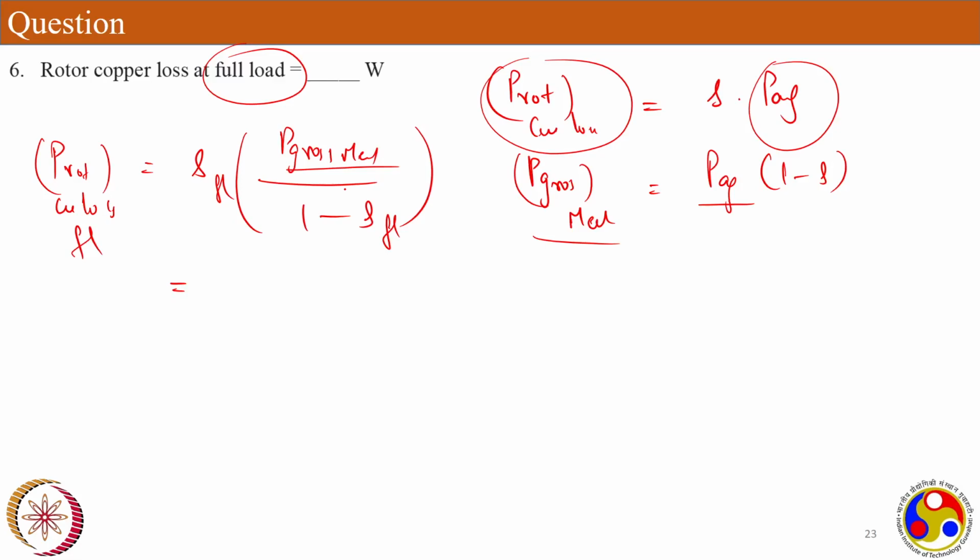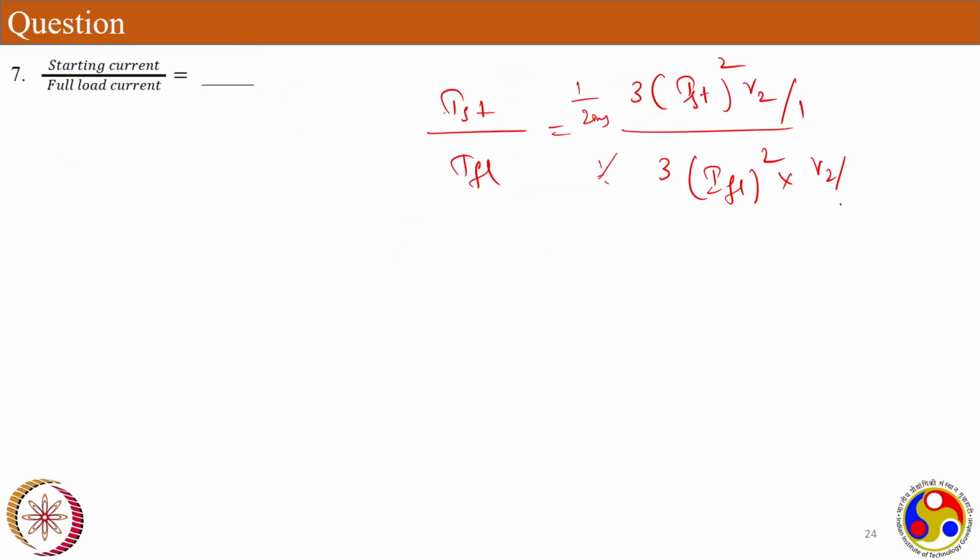Now starting torque divided by full load torque is 3 times I starting square divided by R2 dash by S, which is 1 in the starting, and there will be a 2 pi ns also, which will cancel. So it will be 3 I_FL square multiplied by R2 by S_FL. Now this is the full load slip and this is 1.